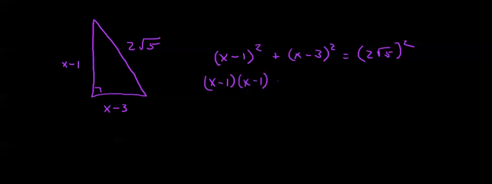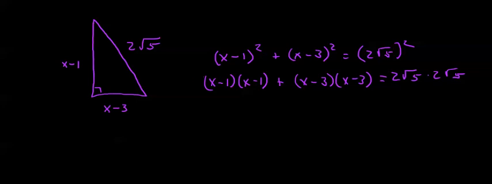You'll make a mistake if you don't. x minus 3 times x minus 3 equals 2 radical 5 times 2 radical 5.